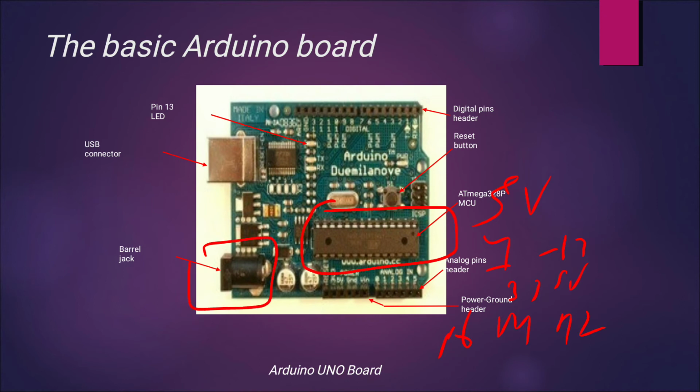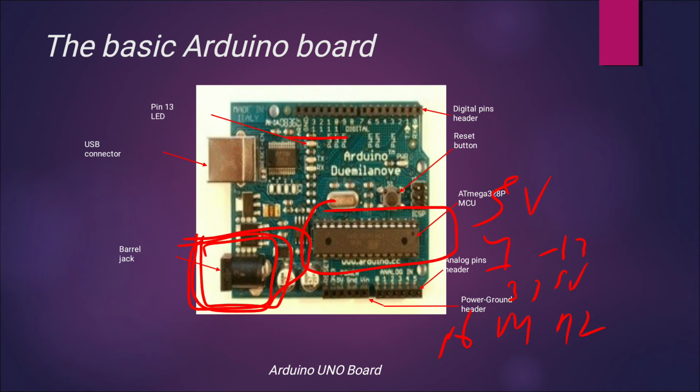This one is the Arduino Uno, whose operating voltage is 5 volt, input voltage is same as ATmega328, 7 to 12 volt, digital IO pins 14, analog input pins 6, same as ATmega328. This is operating voltage, 5 volt, input voltage, 7 to 12 volt.